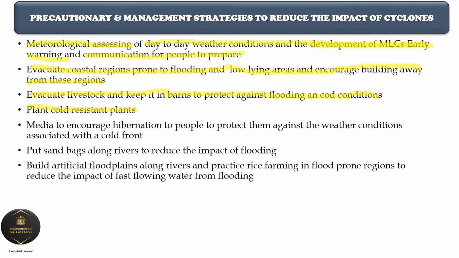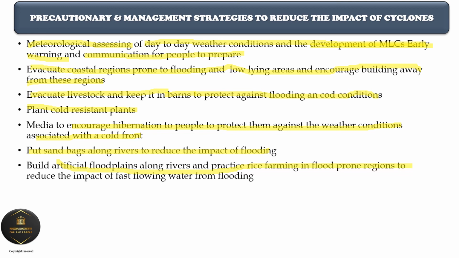Also, the media needs to encourage people to hibernate so they protect themselves against conditions associated with the cold front to avoid loss of life. Remember that putting sandbanks along rivers will reduce the impact of flooding. That's another thing we can put in place, and we also need to build artificial flood plains along rivers and also practice rice farming.